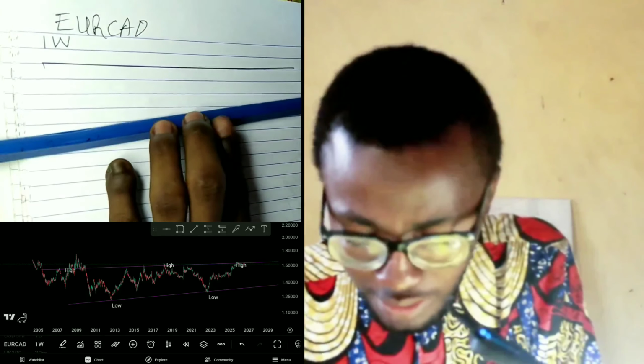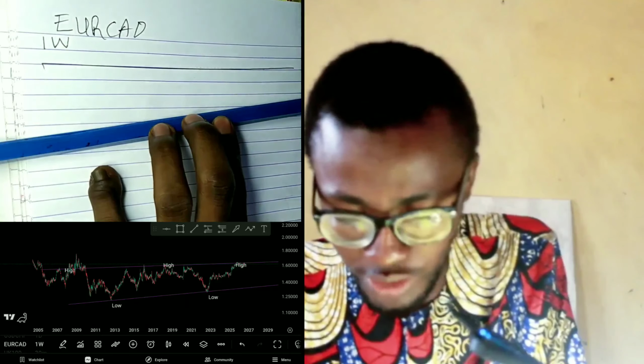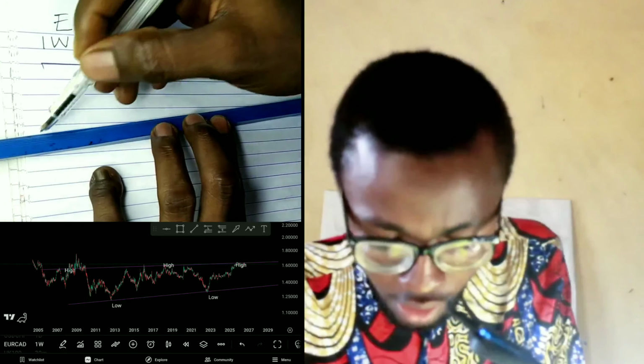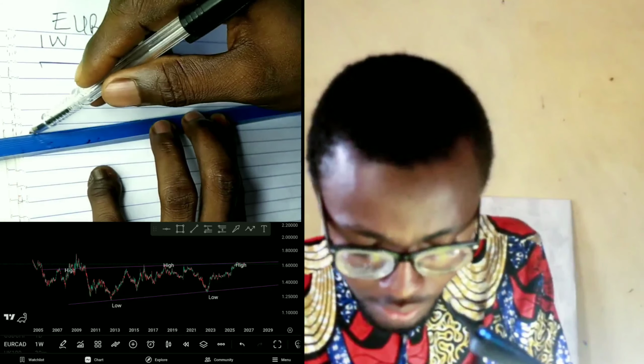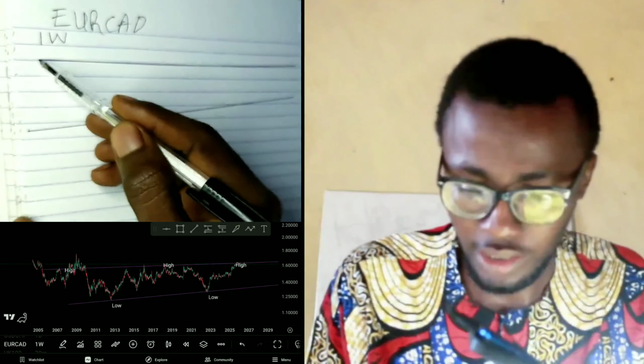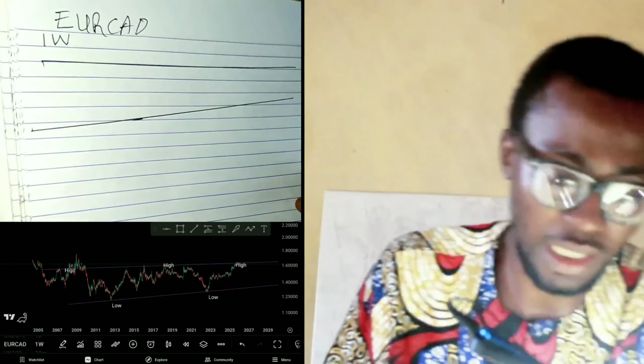Then this one is, the upside is going straight, horizontal, while the downside is going up. You can see how it is. So this side is going horizontal, while this side is going as if it's diagonal.